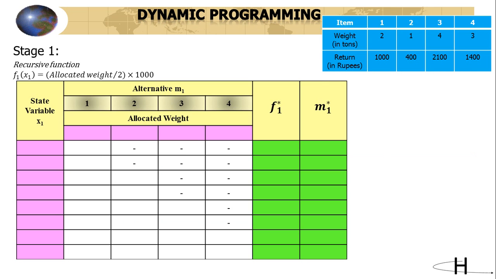Now, as I told, the cargo loading problems are divided into number of stages and each stage will be each item. So, let's solve stage 1 where only item 1 is considered whose weight is 2 ton.